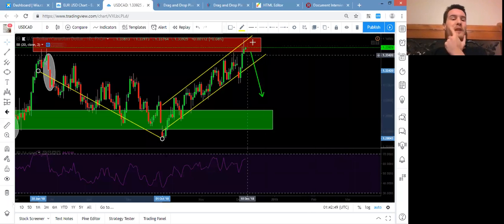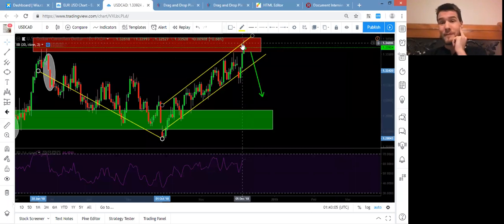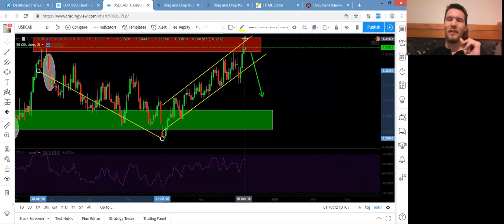Now we're entering the red zone, the Hillary zone, right? It should be a blue zone, right? Because she's a Democrat. But anyway, what do you think's going to happen? Well, I'm seeing some wicking. I'm seeing some rejection here. But I'm not really seeing any indecision yet.